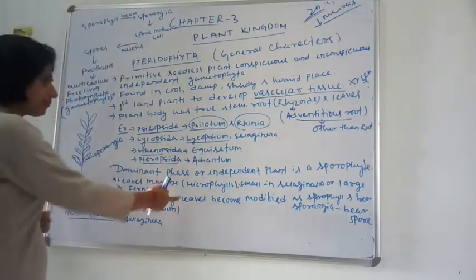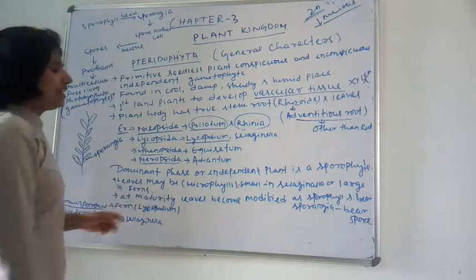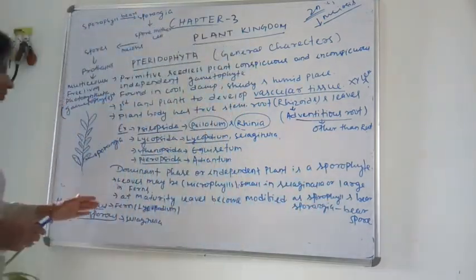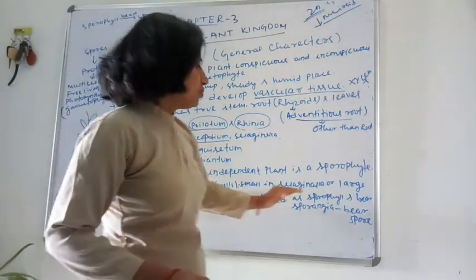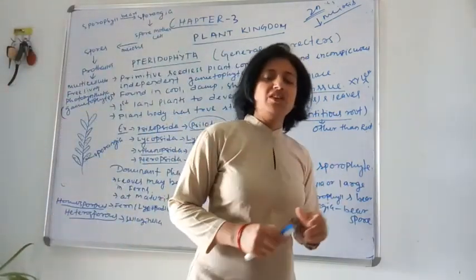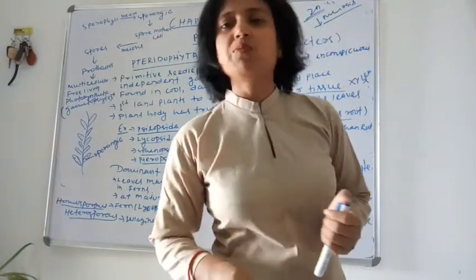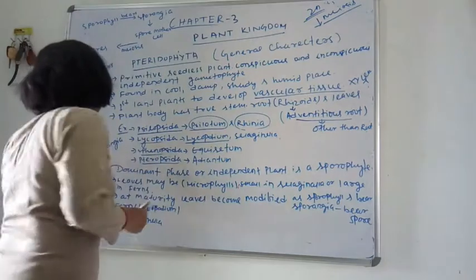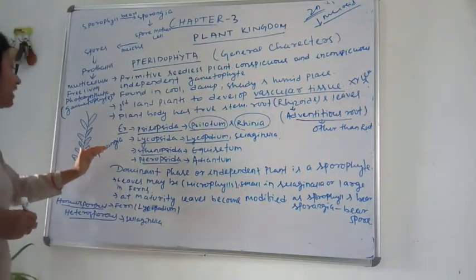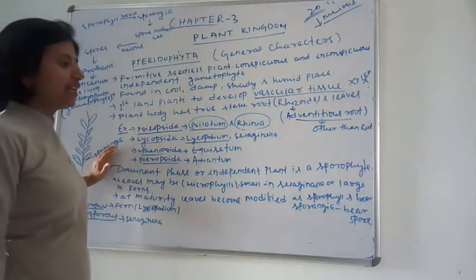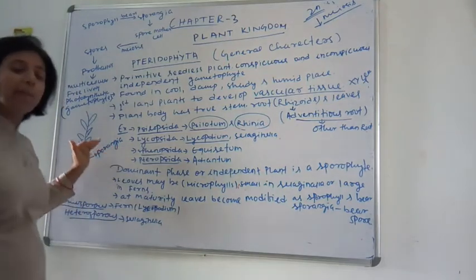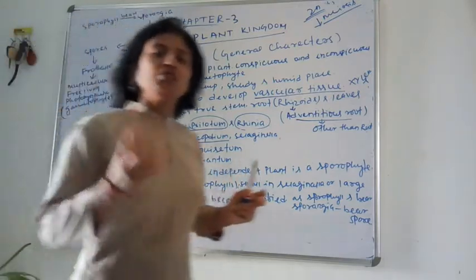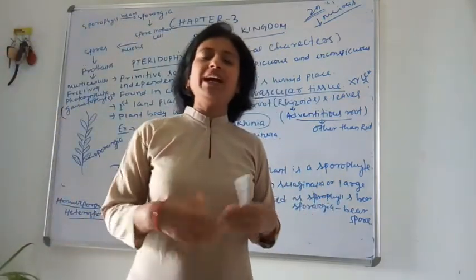So here, at maturity, leaves become modified as sporophylls and form sporangia. What do you mean by sporophyll and sporangia? Sporophyll means a leaf which bears sporangia. Sporangia are the structures which form spores, and the spores are dispersed through air, water or animals.